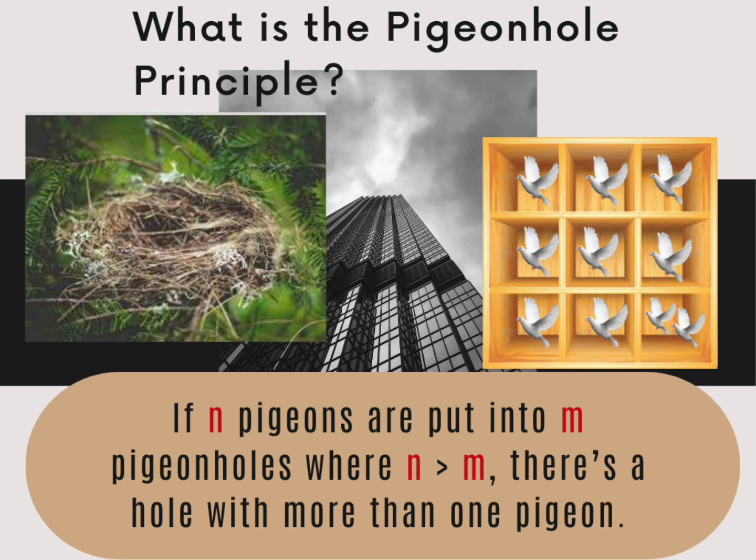Now if we put them in these pigeonholes, 1, 2, 3, 4, 5, 6, 7, 8, there are still 2 more pigeons and only 1 hole. So we need to put the 2 pigeons in the 1 pigeonhole, meaning 1 pigeonhole will have 2 pigeons. So that's actually the logic in the Pigeonhole principle.